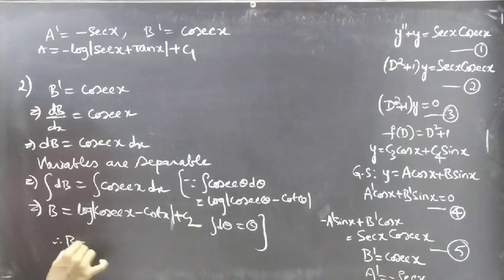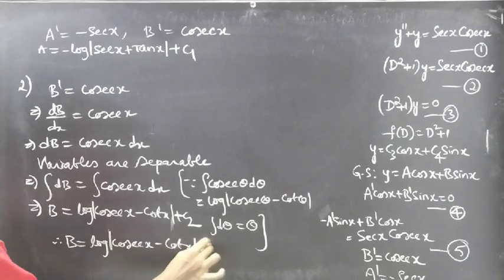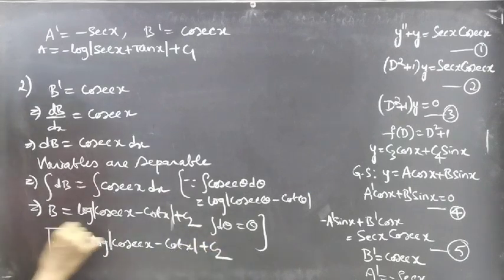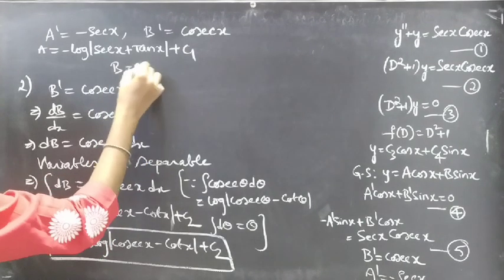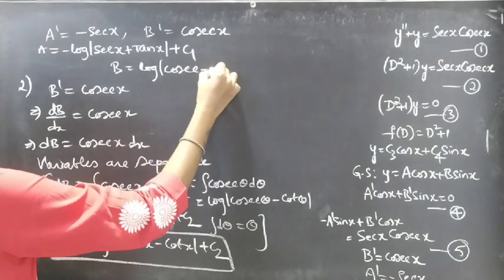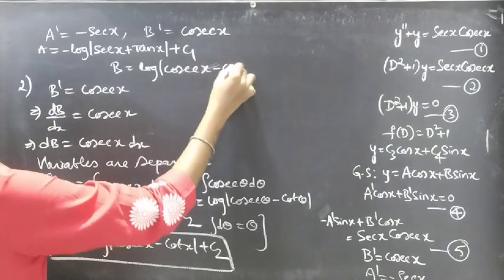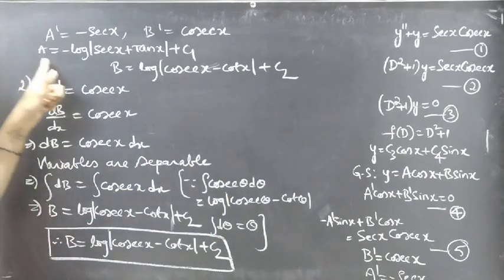Therefore b equal to log mod cosecant x minus cot x plus c2. We got b. So we got a and b.